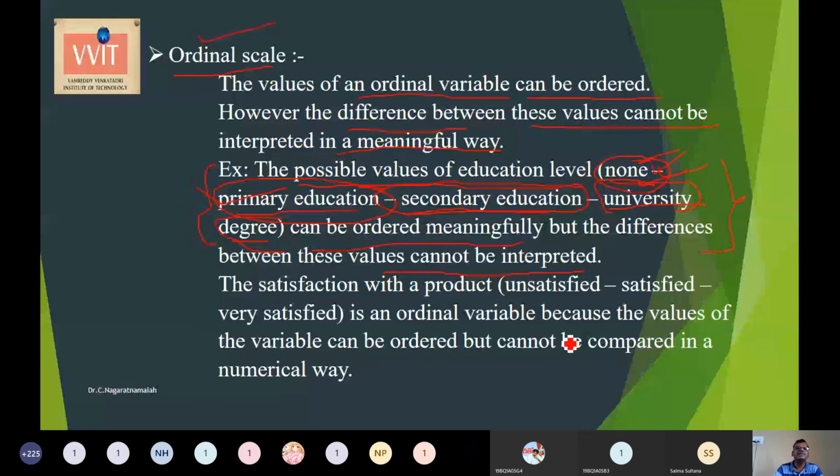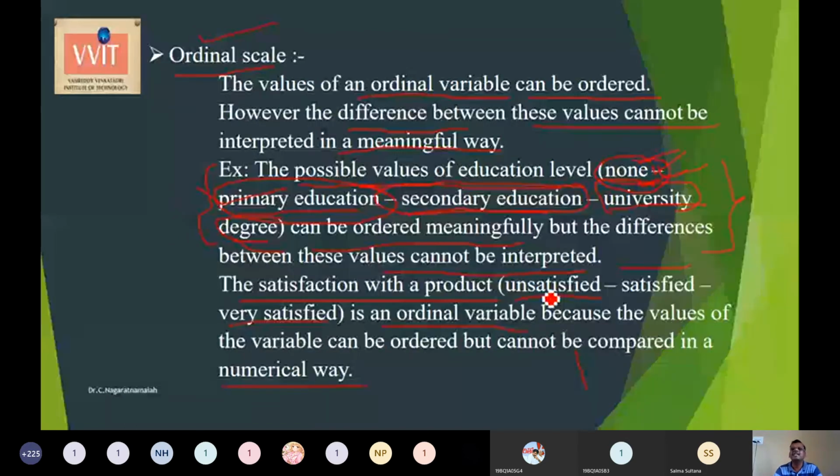Another example is the satisfaction with a product. When you purchase a product, a cell phone or laptop or whatever, and use it, you may be unsatisfied, satisfied, or very satisfied. We have to define the categories of satisfaction with that product as an ordinal variable, because the values can be ordered but cannot be compared in a numerical way.